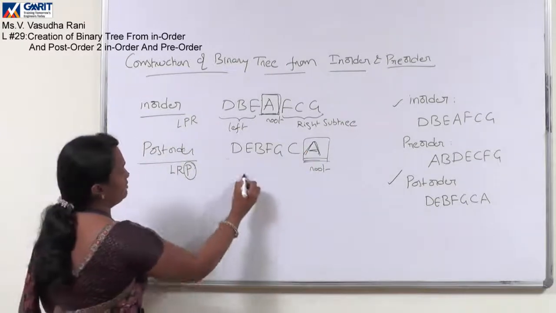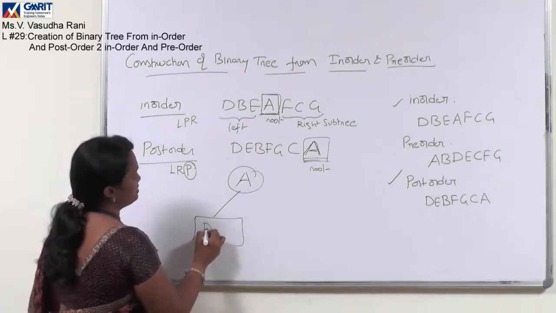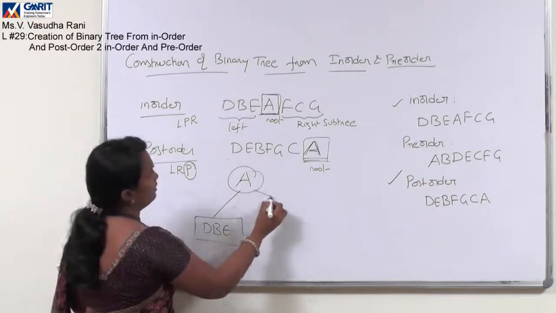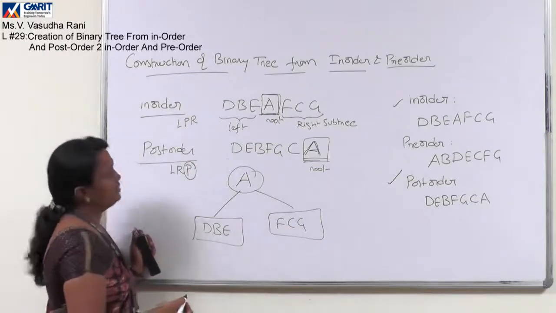So we can construct our tree now. Root is A, the left sequence is D, B, E and the right sequence is F, C, G.